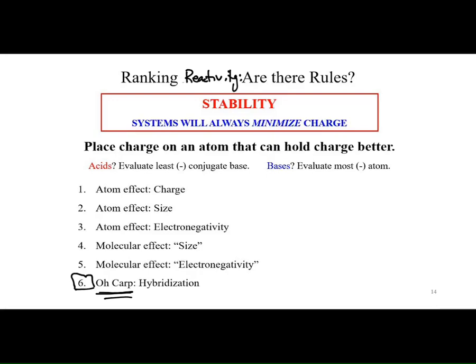So in that list, we'd start with charge, size, electronegativity, molecular effect, our size, which is resonance, and then our molecular electronegativity, which is induction. Okay? Because these are so critical to understand and memorize and know, people go through and try and come up with mnemonic devices to memorize the order. And so they start with a charge, and they say, well, C. Okay, we'll skip the A for a moment.